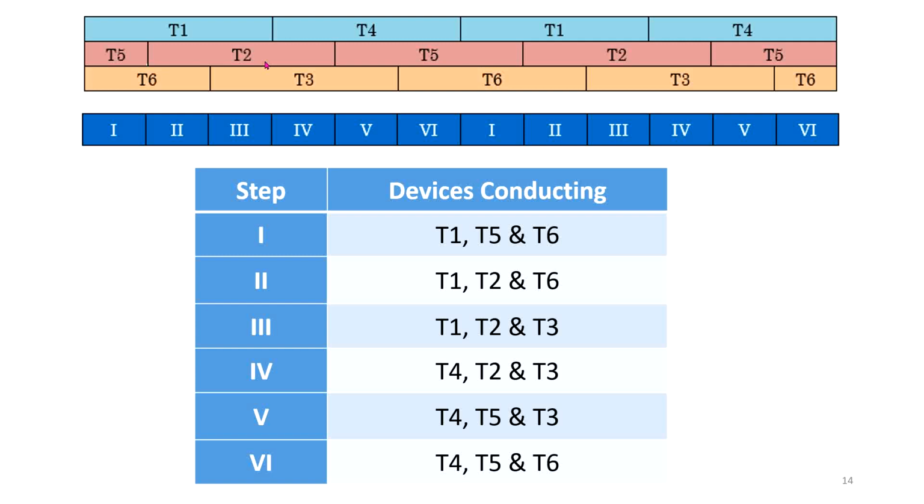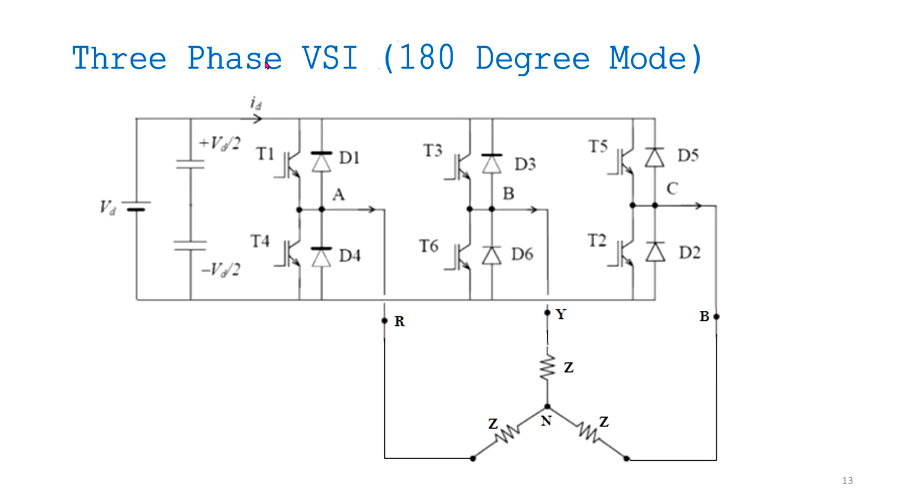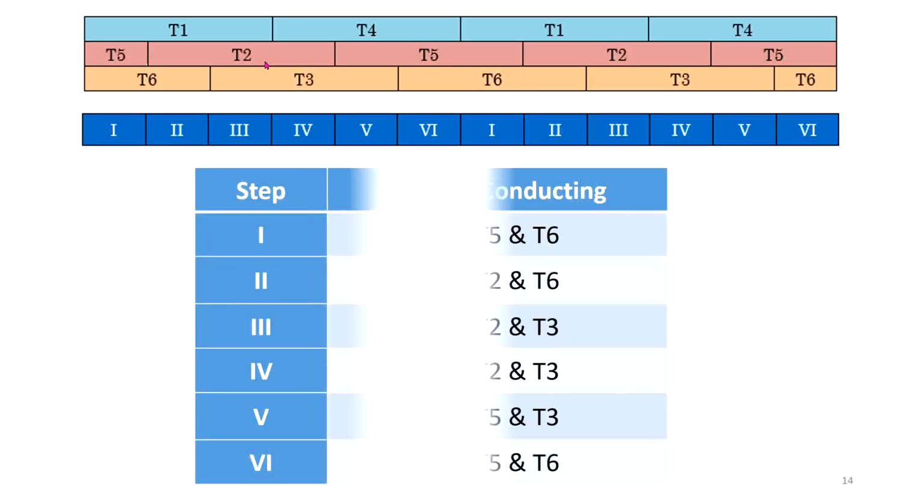This is drawn for the simplicity. In the first pair, T1, T5, okay, and T6 is conducting. We will see one by one again.